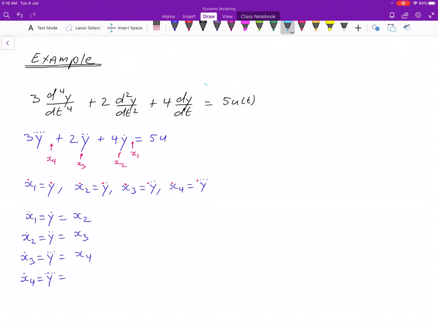now what we do is we take this whole equation on this side, but remember what we want is this is equal to something, so we have to divide the entire equation by 3.